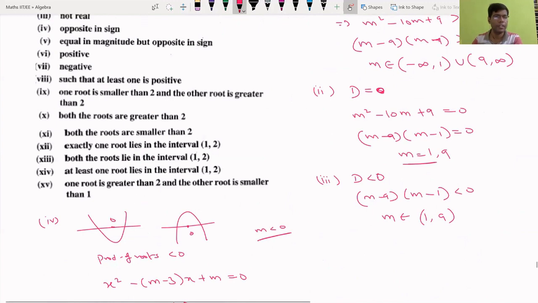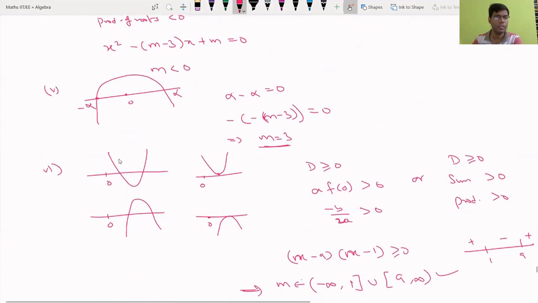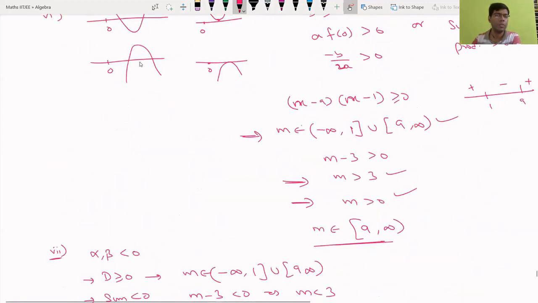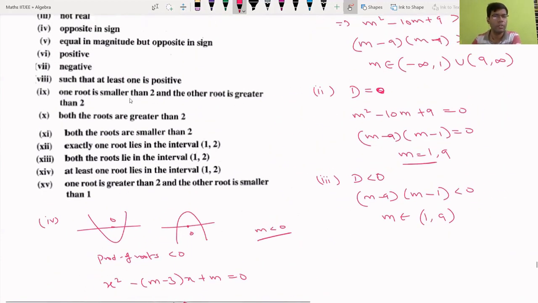The next case is both the roots. Okay, this was when both the roots are greater than 2. That was the 10th condition. I have written 9, so that is put as 10th. The 9th one was one root is smaller than 2 and the other root is greater than 2.